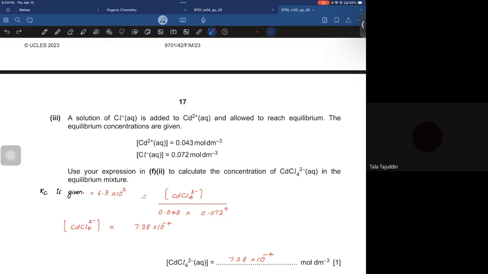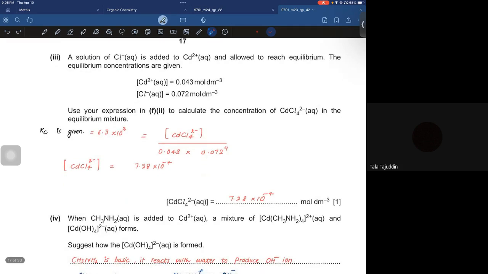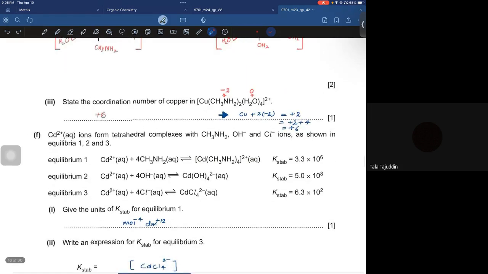Part 3 says a solution of Cl minus is added to cadmium 2 plus and allowed to reach equilibrium. The equilibrium concentrations are given. Cadmium is this and Cl minus is this. So they are saying use your expression in F part 2 to calculate the concentration of cadmium chloride in this equilibrium mixture, where the Kc is given to you, that is 6.3 exponent 2.